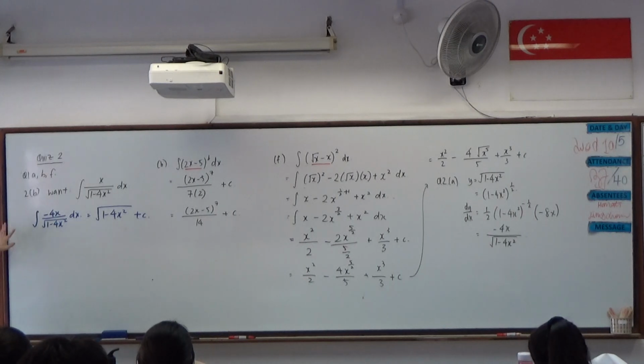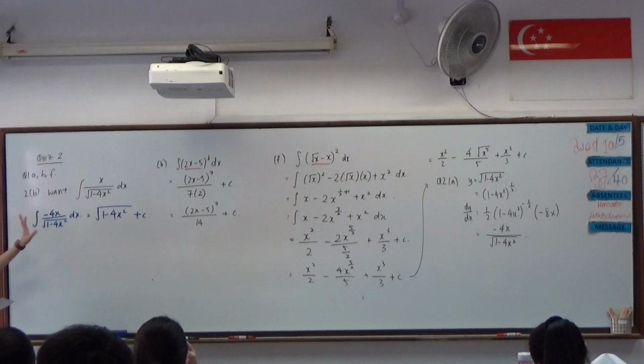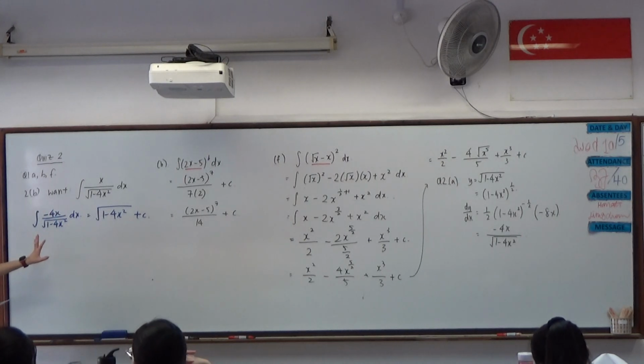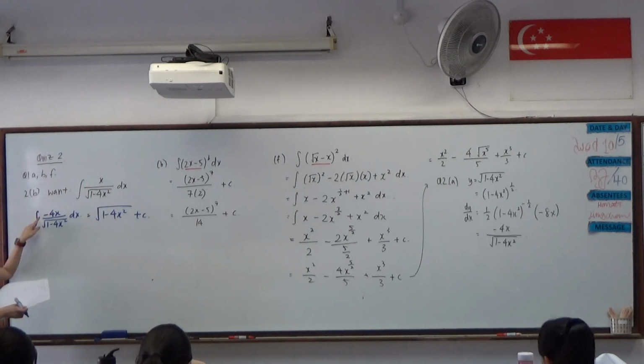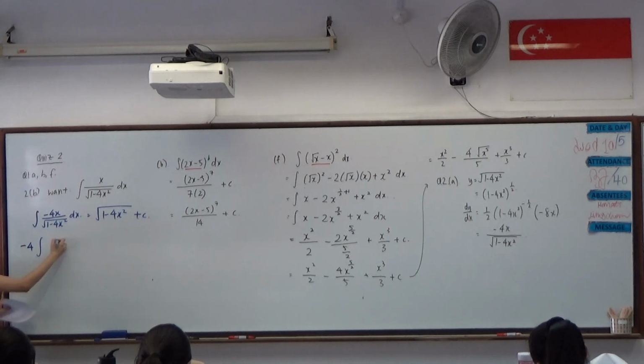This is the bare minimum that everyone should be able to write based on understanding that integration is the opposite of differentiation. Then this is the objective of the question. It is without the negative 4. We can see it as though the negative 4 is multiplying the integral in this manner.